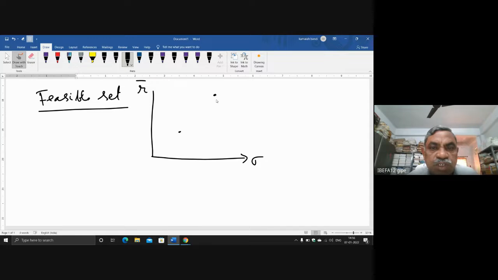Using these two assets, you create a portfolio which sweeps out a portfolio curve. All the points on this are feasible points. Each point on this curve is a portfolio. So the set of all those points is called a feasible set or a feasible region. The feasible set satisfies two important properties.